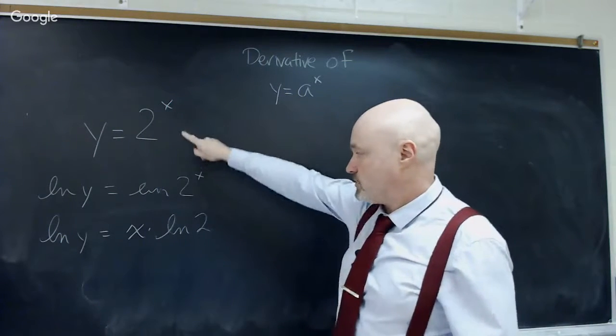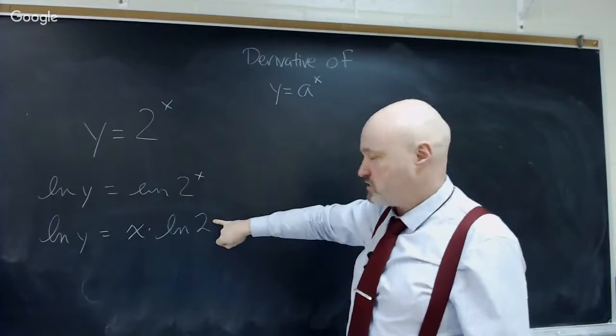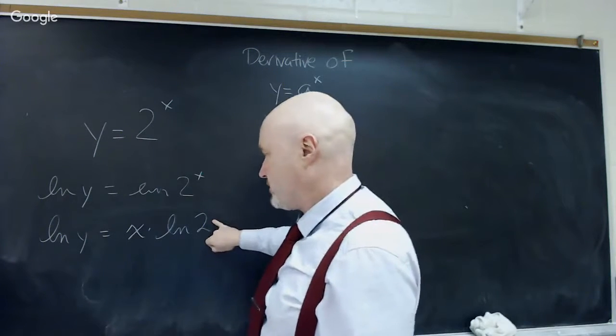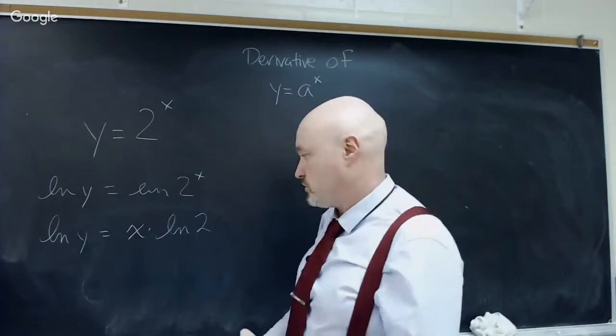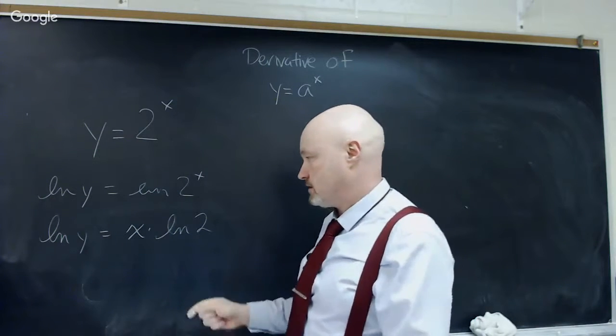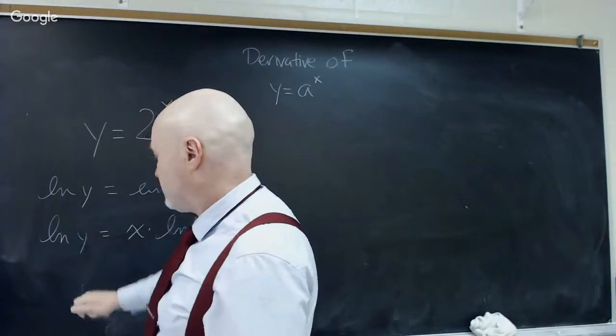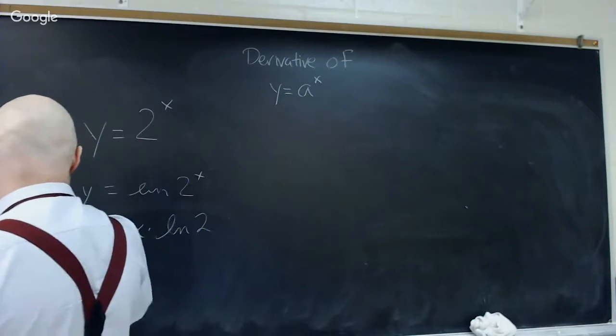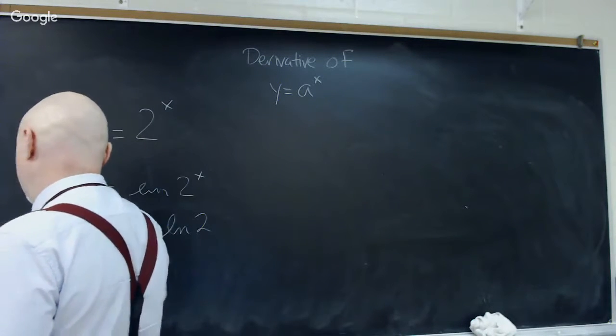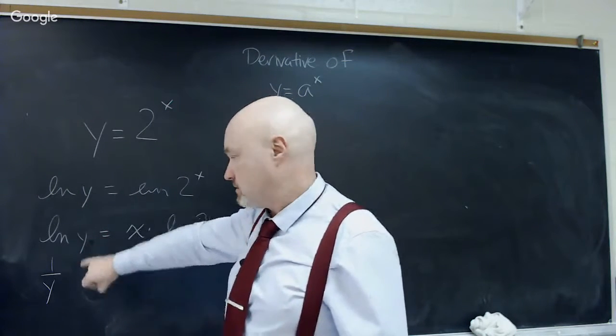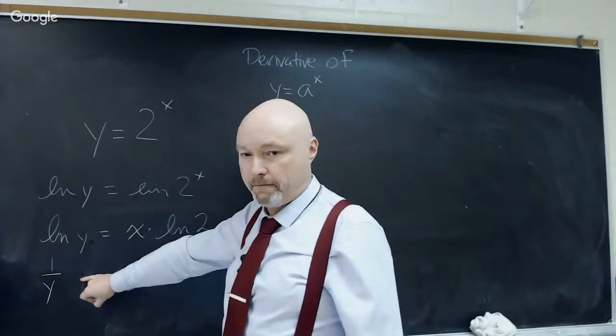So this is the base of the original function. The natural log of 2 is just a number, just like every other number. Now I'm going to take the derivative of both sides. The derivative of the natural log function is 1 over whatever the argument is. And so on this side, we have 1 over y.